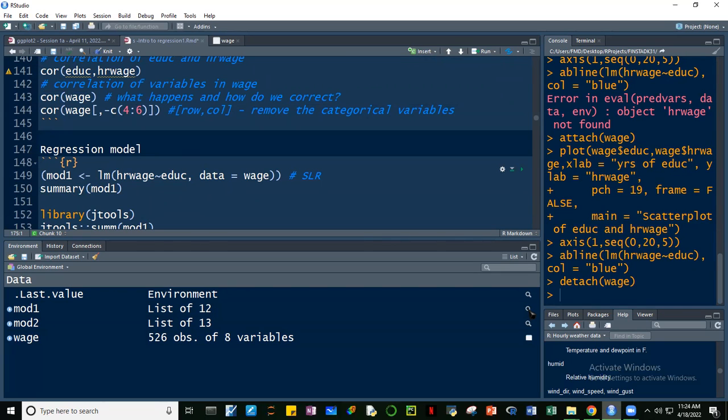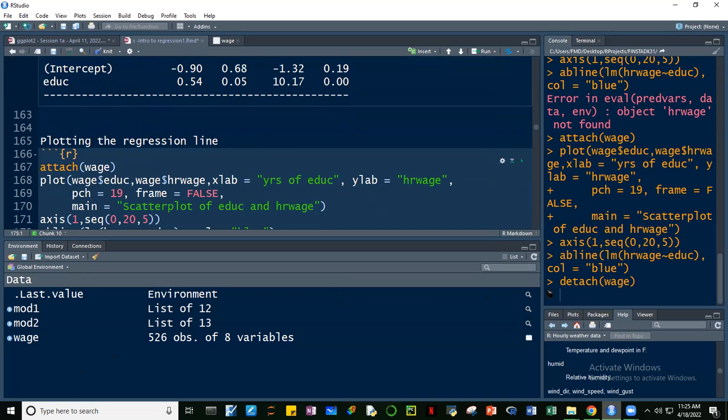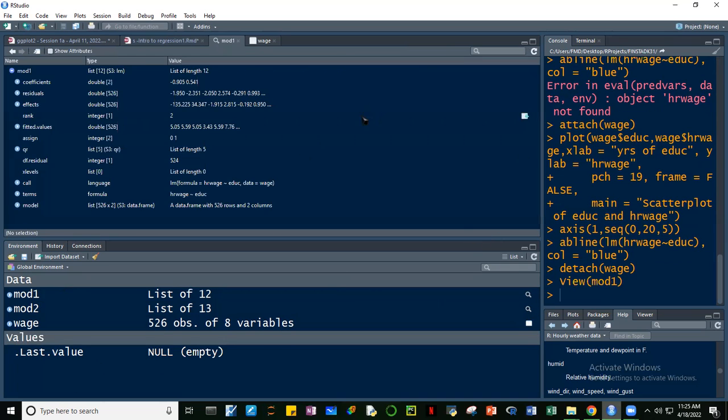Okay, so if you take a look at mod1, yan, no? So it consists of, andyan yung coefficients niya, guys. Yung coefficients, yung parameters natin.